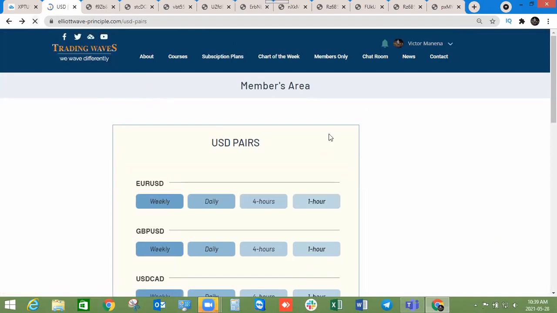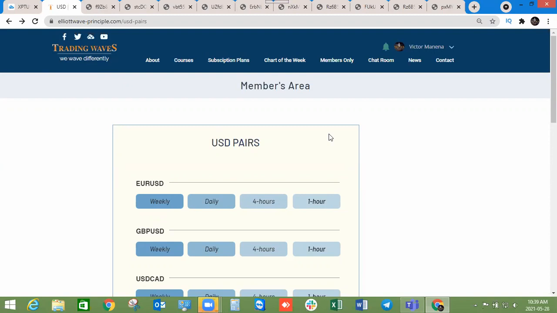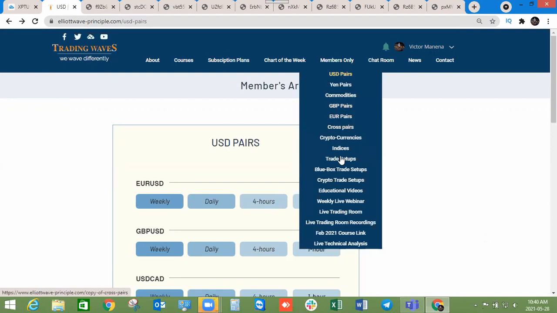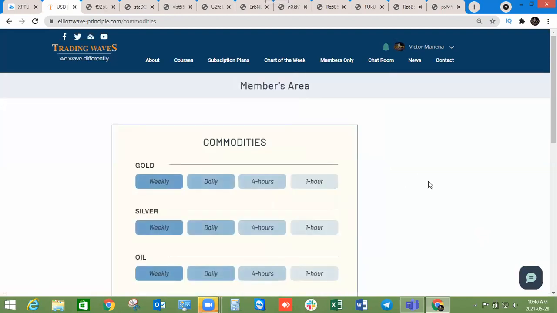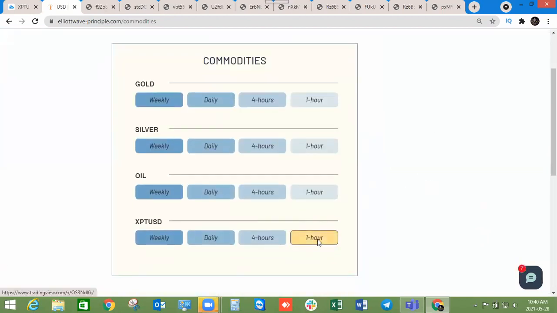Let's load it and reload it again. Right, let's have a look here on commodities. I just want to check if we've got platinum yet listed. Yes, there we go. So we've got platinum listed, so you can check out platinum as well.